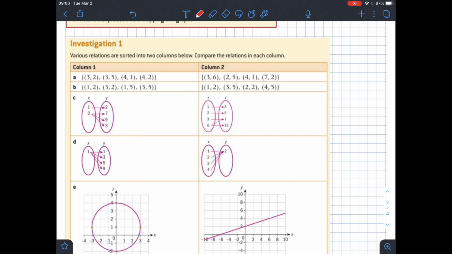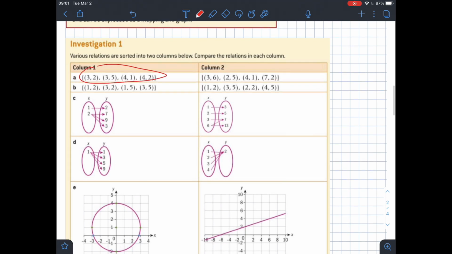So take a look at first part A in column 1 and then at column 2, and try to pick the differences between this set of numbers and this set of numbers. You would see that, for example, here in column 1, remember that points are given by x and y coordinates. So this is always the x coordinate, this is always the y coordinate. So you see that, for example, in this first column, here we have 3, 2, and here we have 3, 5.